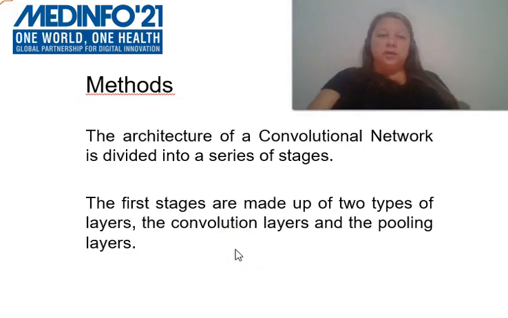The architecture of a convolutional network is divided into a series of stages. The first stage is made up of two types of layers, the convolution layers and the pooling layers.